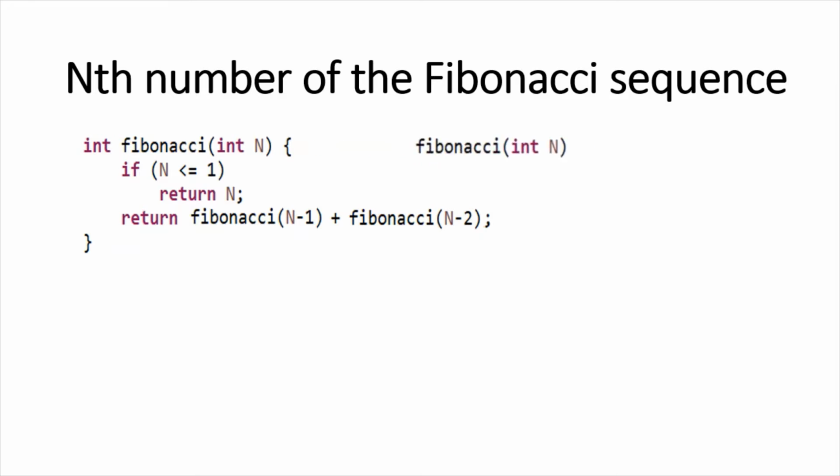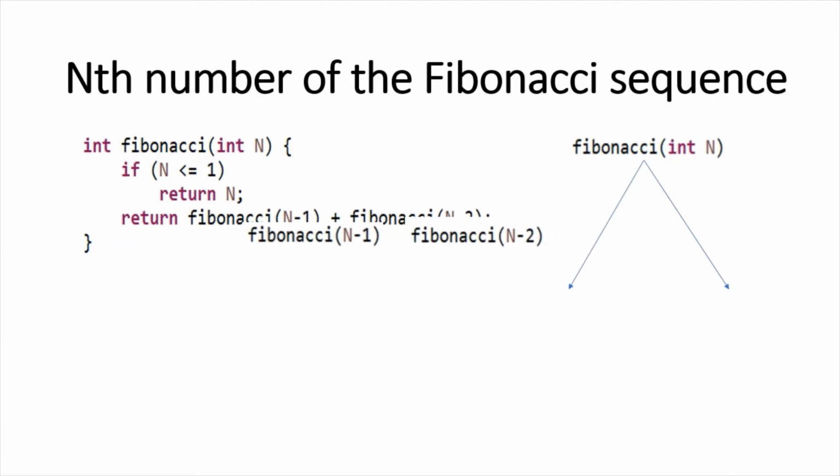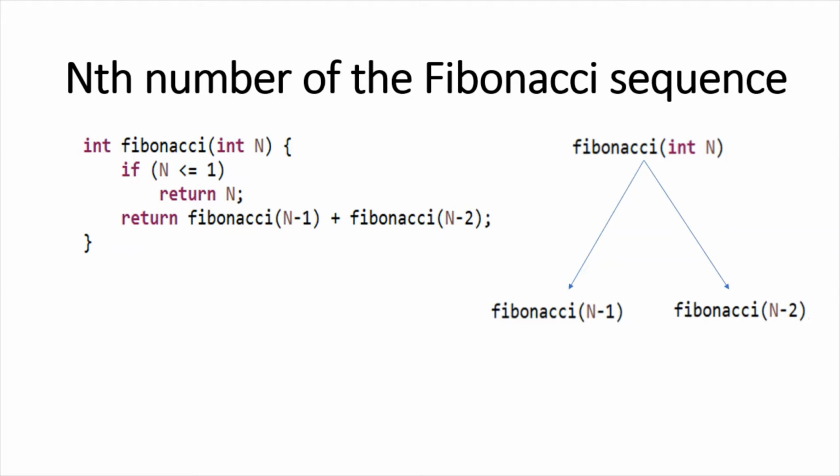As we saw in the last example, where Fibonacci n, a problem of size n, was divided into smaller subproblems of sizes n minus 1 and n minus 2. Therefore, the previous problem had the optimal substructure property.